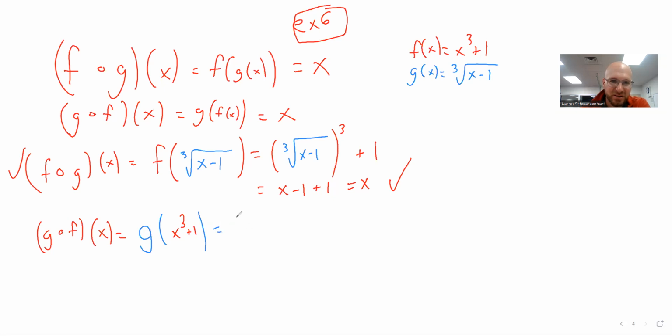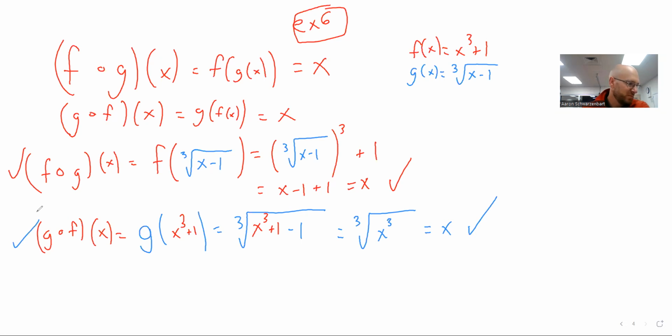So I've got the cube root of x, and in for x goes my x cubed plus 1. X cubed plus 1 minus 1 is the cube root of x cubed, which does equal x. Both of these check off. These are inverses.